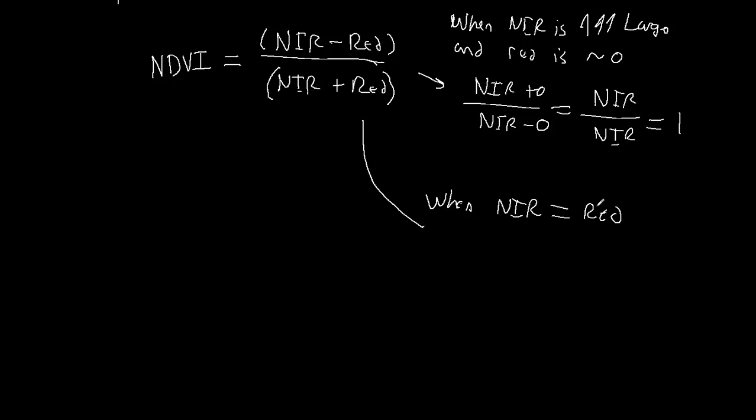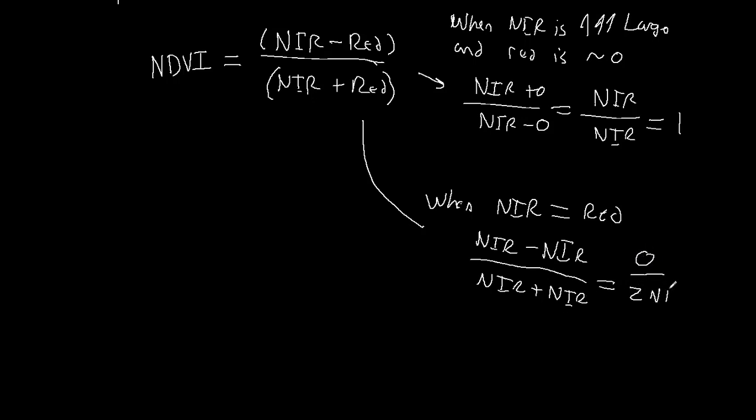When NIR is equal to red, the top becomes NIR minus, and since NIR is equal to red, I can just put another NIR here because they're equal to each other, over NIR plus NIR. So when you subtract something from itself, this goes to 0, and this goes to 2 NIR.